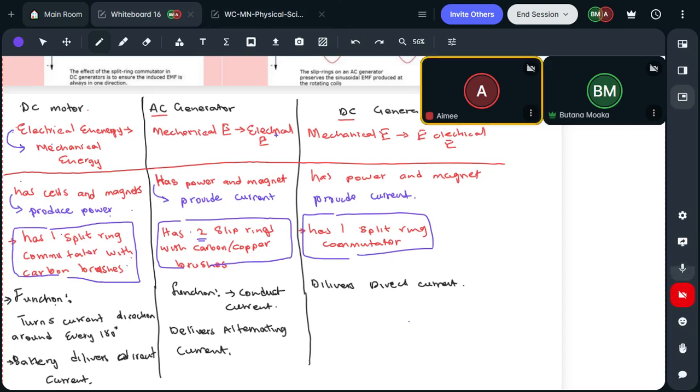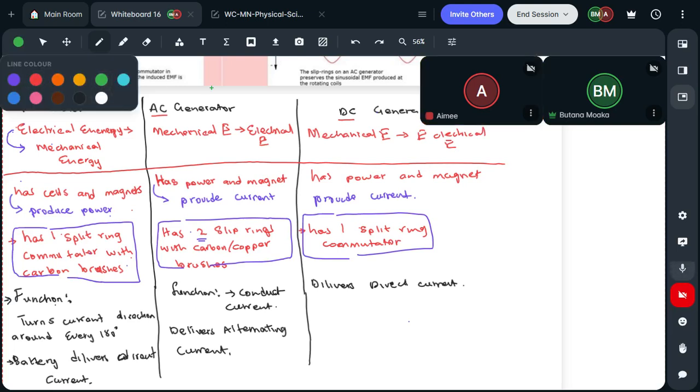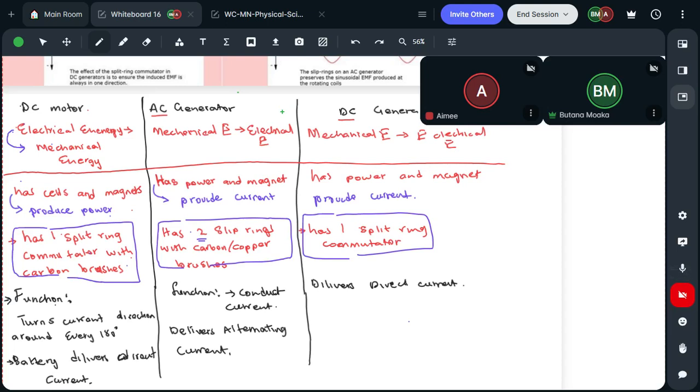How do you differentiate between an AC generator and a DC generator? That's a very nice question. Just look at the split: split is for DC, and slip is for AC.